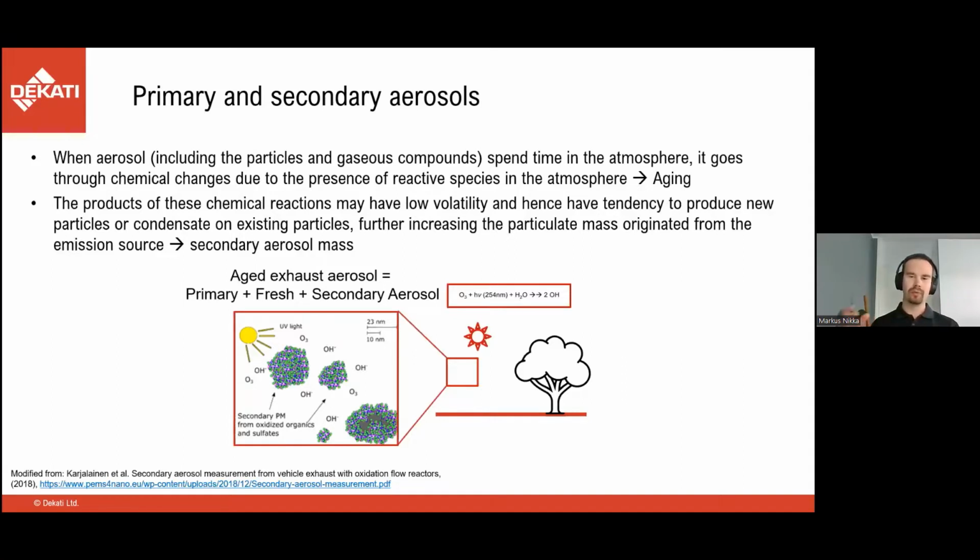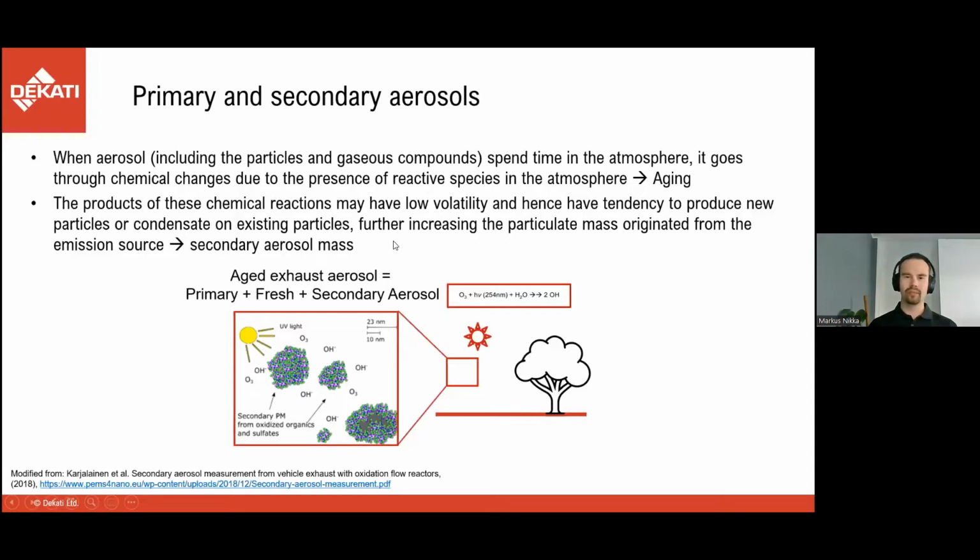These volatile compounds may turn into new compounds with low volatility and hence have a tendency to produce new particles through nucleation or condense on the existing primary and fresh aerosol.